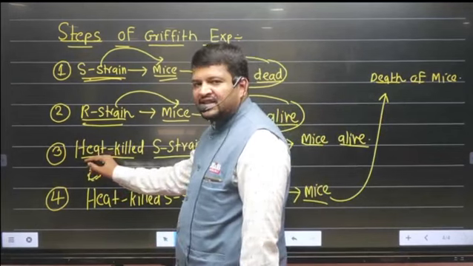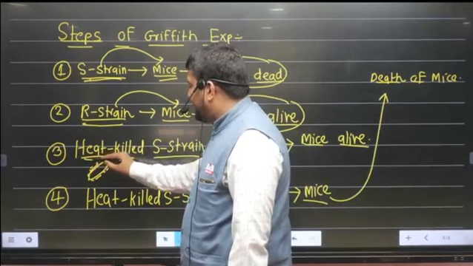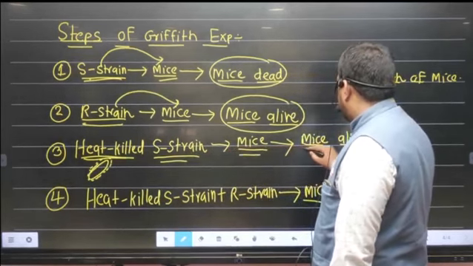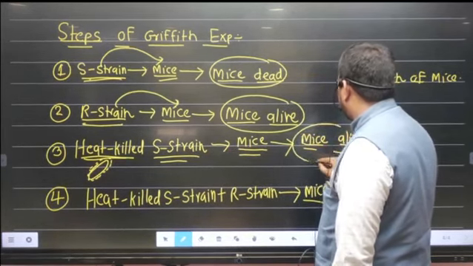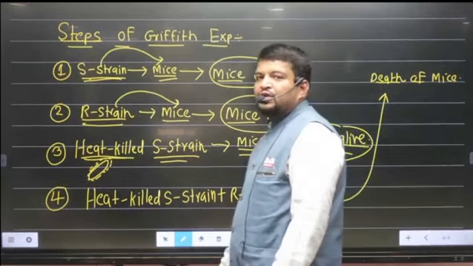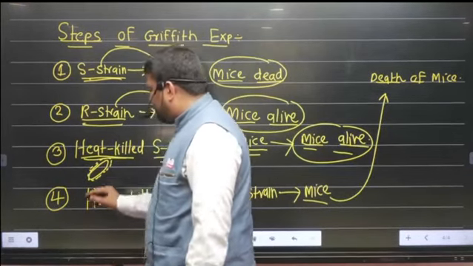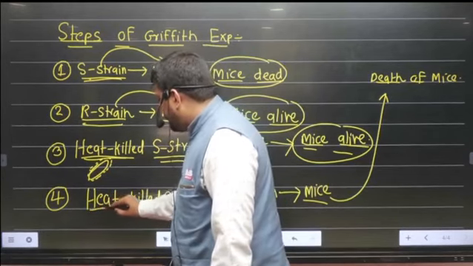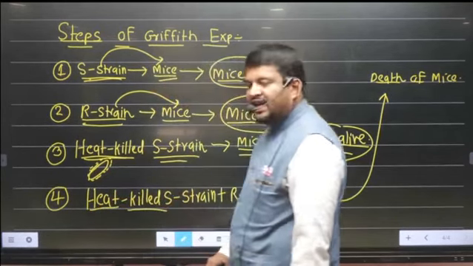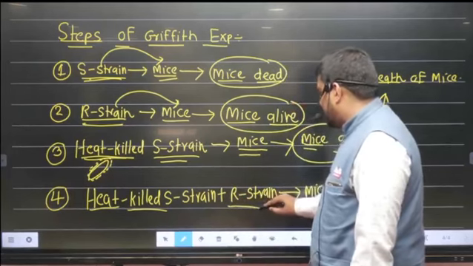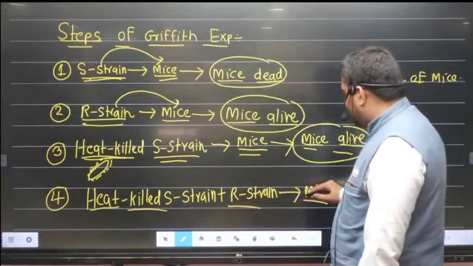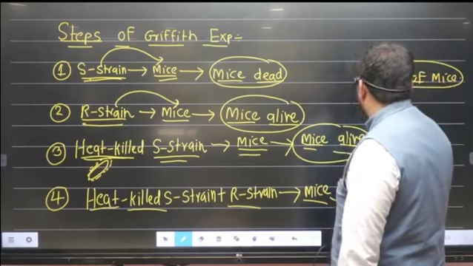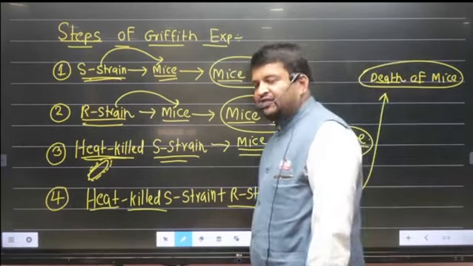And in the third step he injected heat killed S strain into mice, and in this step the mice stay alive because of the rupture of the capsules. And in the fourth step he took the mixture of the heat killed S strain as well as the R strain and transferred this mixture into mice, and therefore the death of the mice takes place in the fourth step.